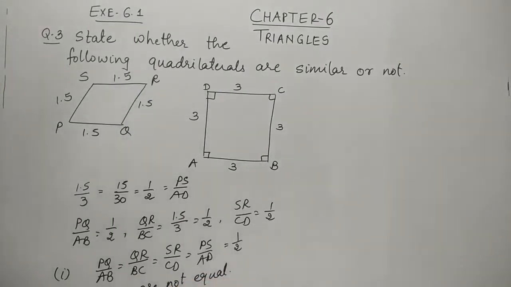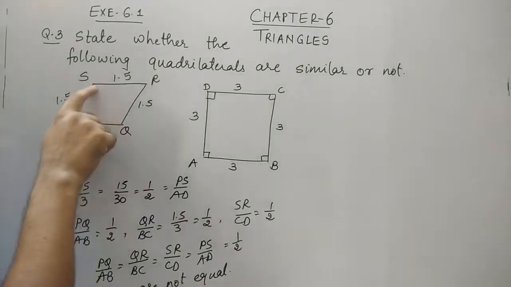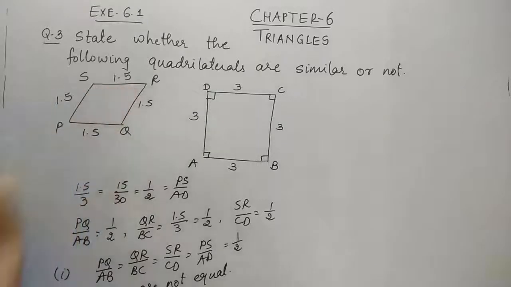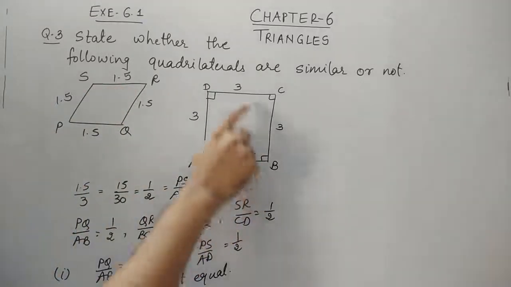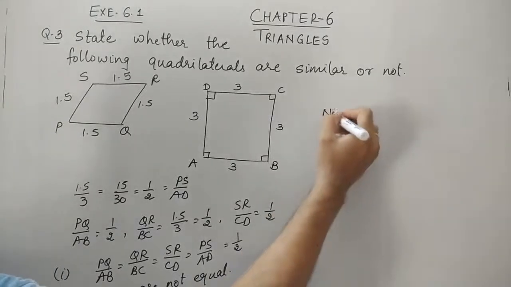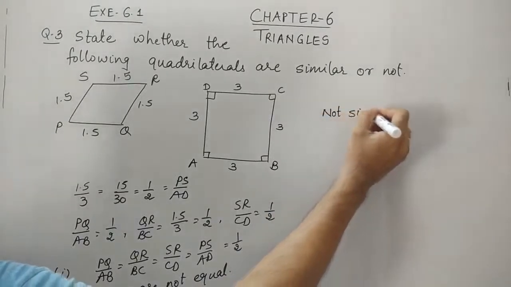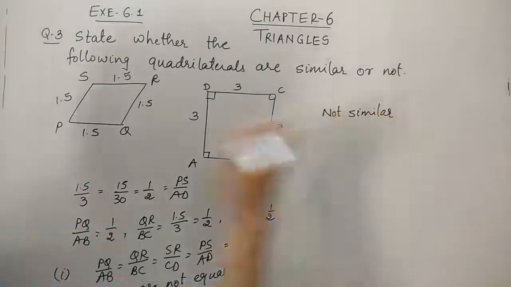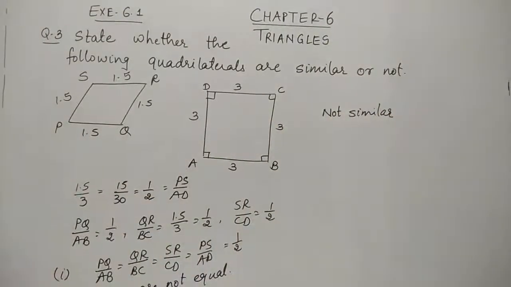Angles proportion में हो सकते हैं, we are not bothered with it. हमें देखना है कि सारे corresponding angles same होने चाहिए. But here we can clearly see from the diagram the angles are not right angles, and here all the angles are right angles. So we can say that the given figures are not similar. They are non-similar figures. I hope students you are understanding the difference between similar and non-similar figures.